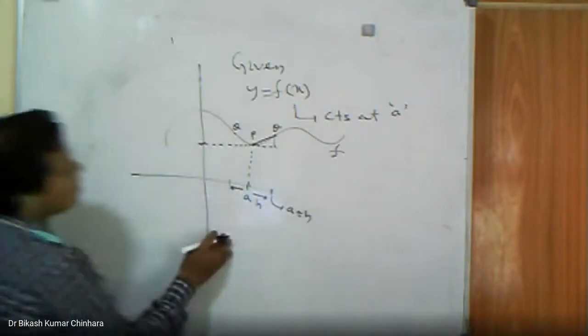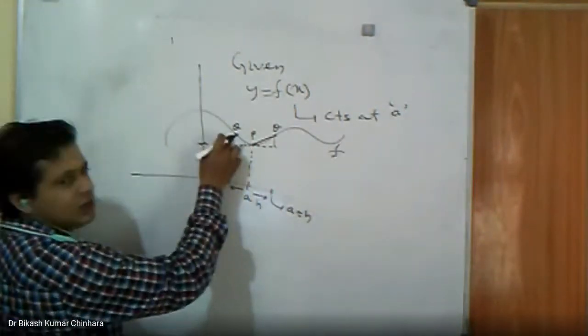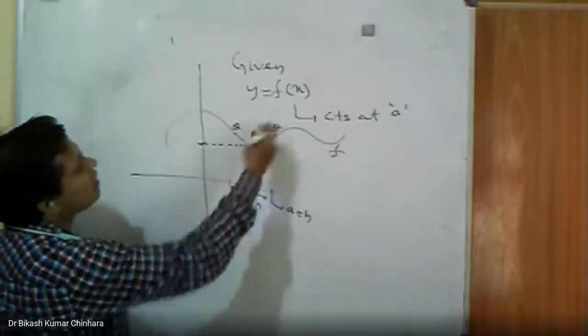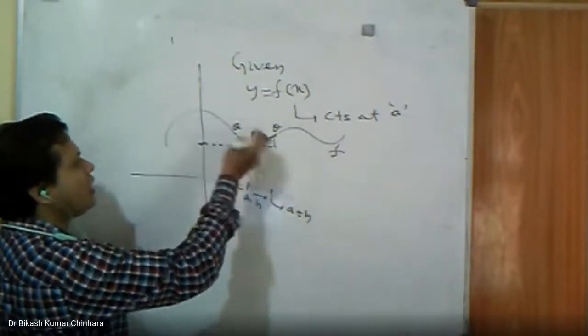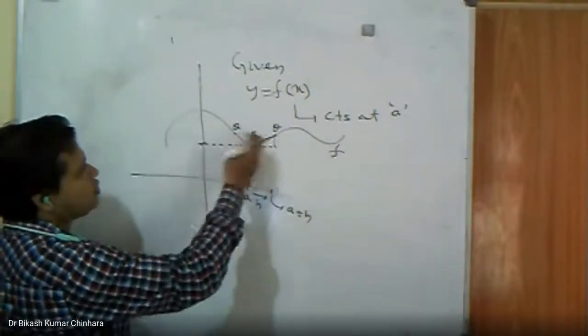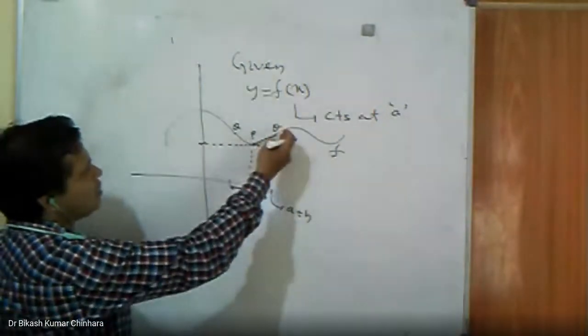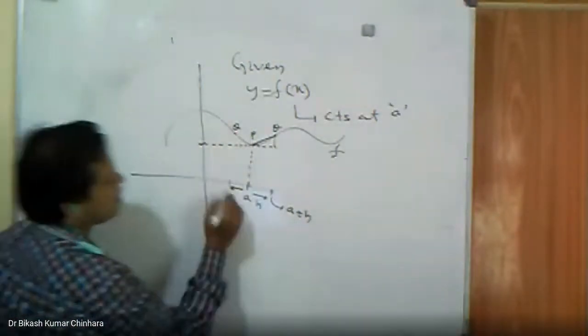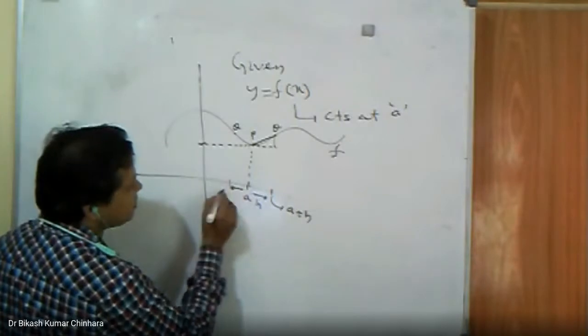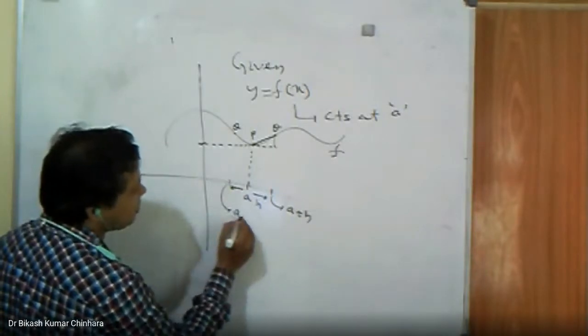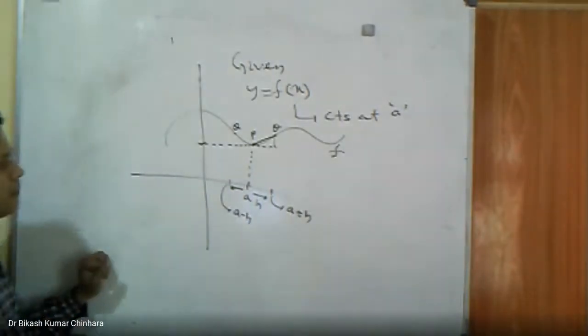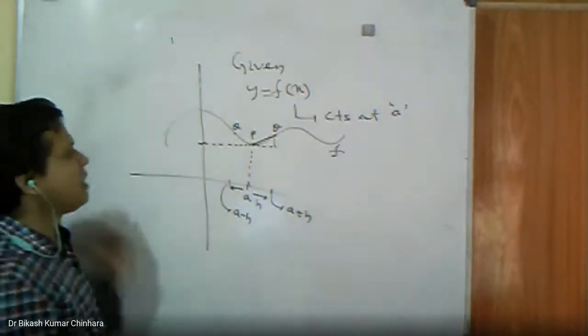And again, I may have Q here. At a time, I am taking Q this side or this side. So there are two chances. Suppose Q is here, so this point will be A minus h.